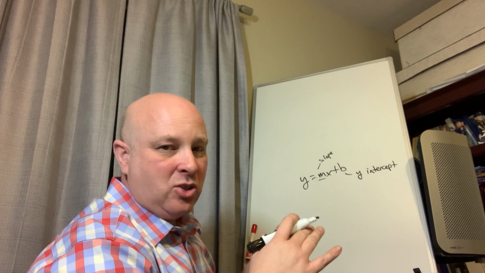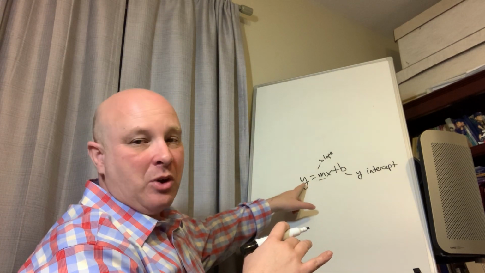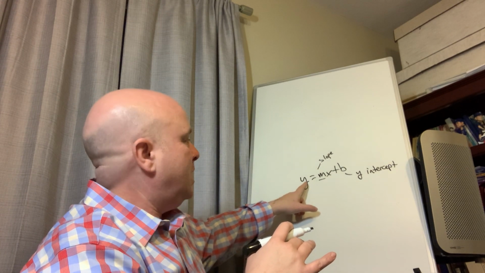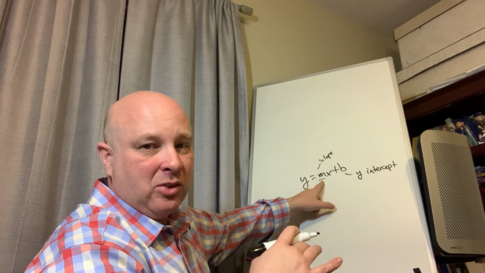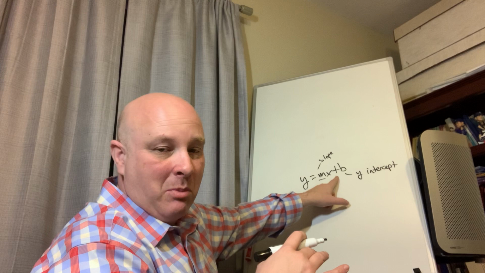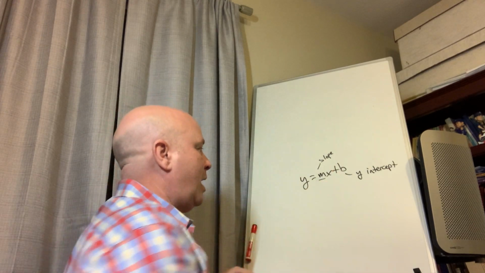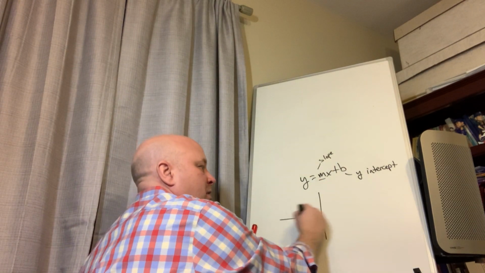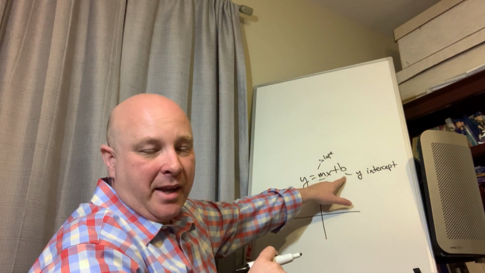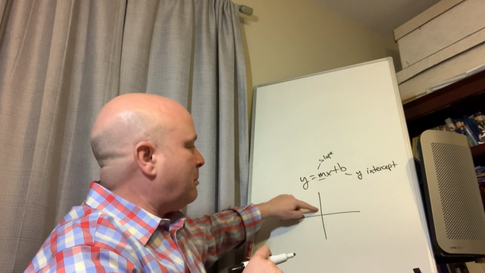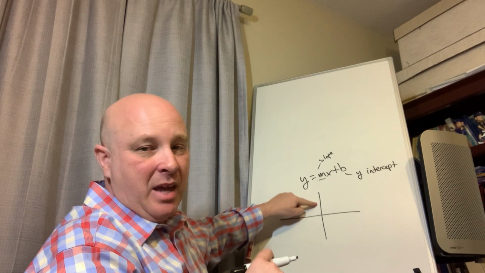Now, if I'm graphing my equation, once I've rewritten it so that y is all by itself, and then you have an equal sign, and then you have something times x, or just x, plus or minus some number, I'm going to graph this way. The first thing I'm going to do is look at my y-intercept. If it's a positive number, my y-intercept is above the x-axis.